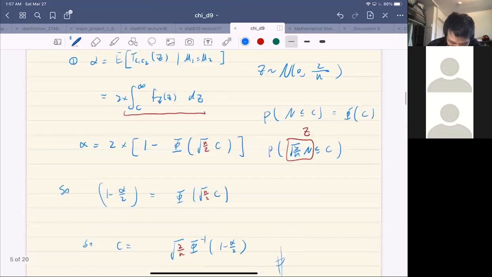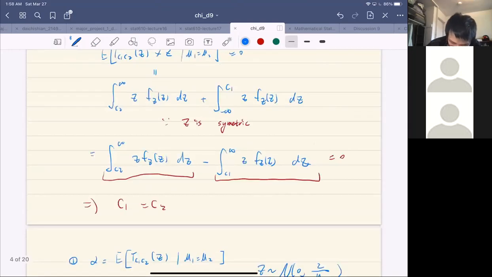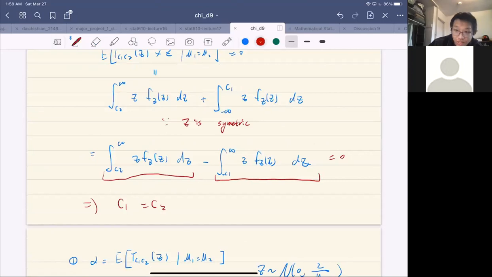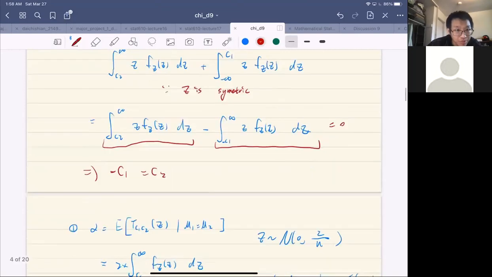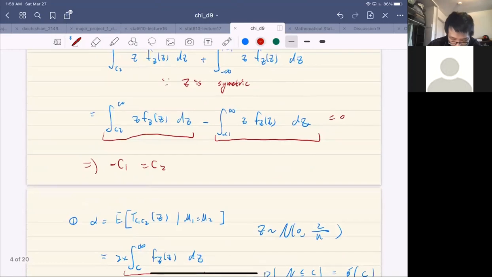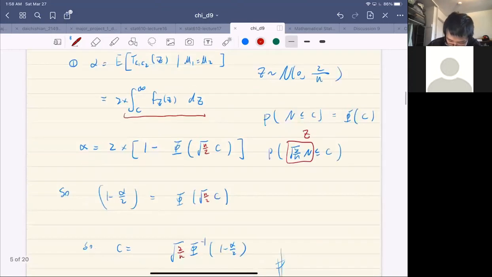Oh, sorry, my fault. This is negative c. So it should be negative c1. So you look at this.